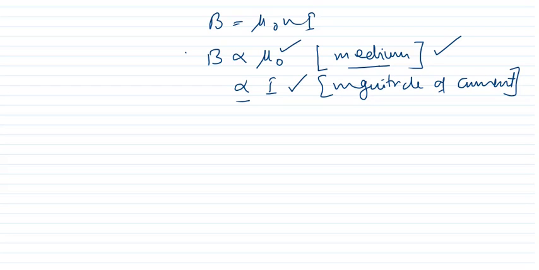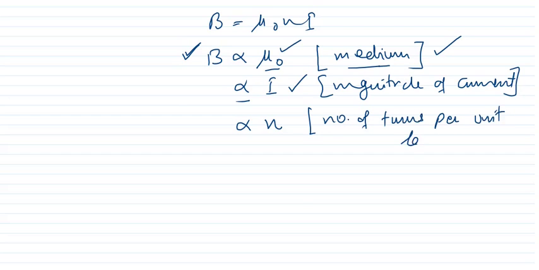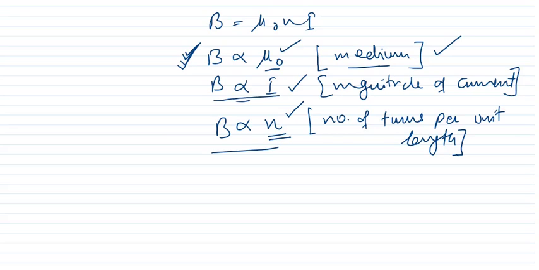Means more will be the current, more will be the magnetic field, more will be the permeability, more will be the magnetic field strength. And thirdly, it depends upon N. N is the number of turns per unit length. If number of turns per unit length are more, then magnetic field will be stronger. If number of turns per unit length are small, then magnetic field will be weaker. So therefore all these factors are directly proportional to the magnetic field strength.